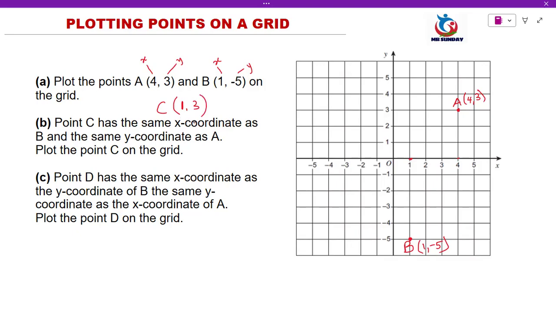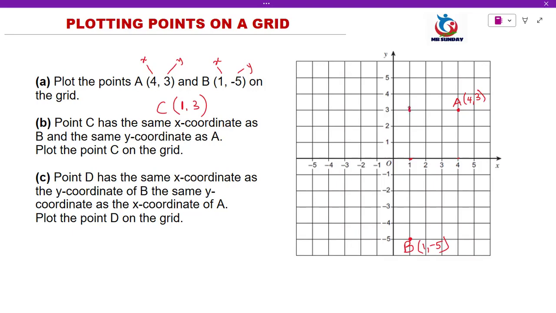So automatically this is what we are going to plot. Point C is 1, 3. 1 which is the same as the x coordinate of B, and 3 which is the same y coordinate of point A. So we just bring this into the graph. From 1 on the x-axis, you trace it all the way up where it intersects with 3 on the y-axis.